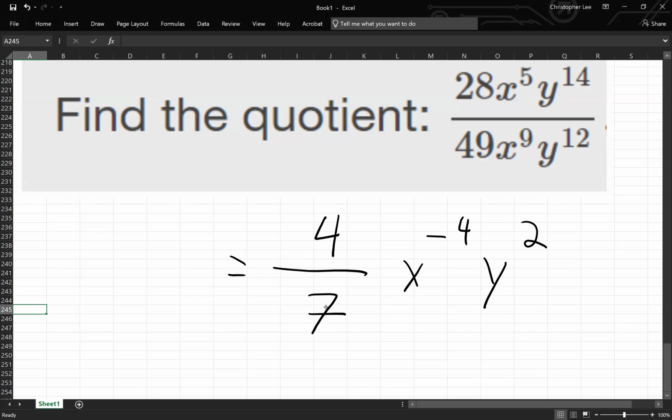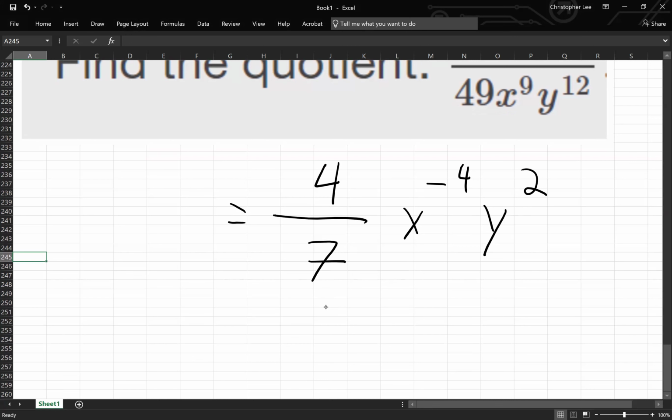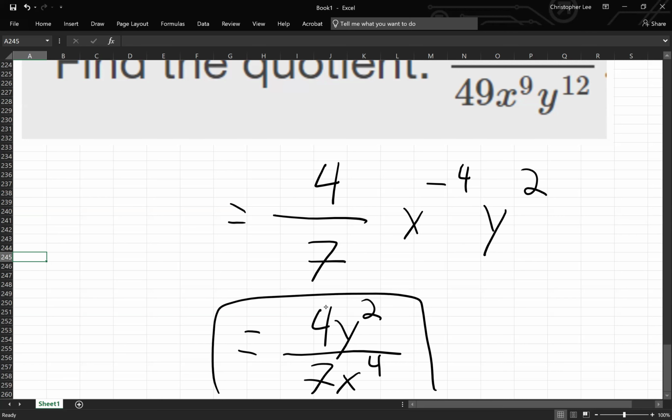Negative exponents go in the denominator, positive exponents go on top. This is going to become 4y squared over 7x to the 4th power. All right. Questions on this? Good? All right, let's keep moving.